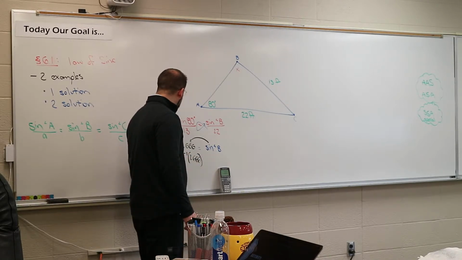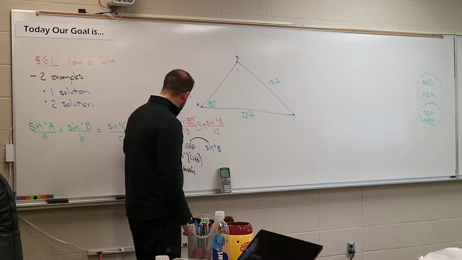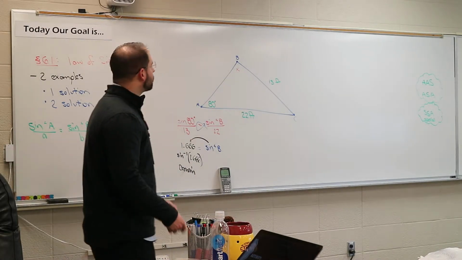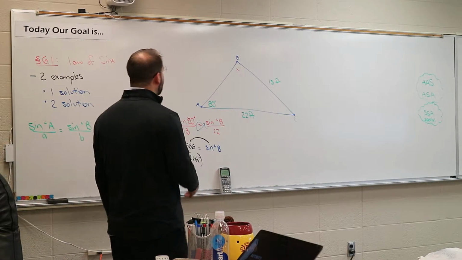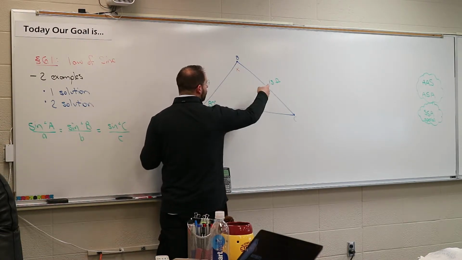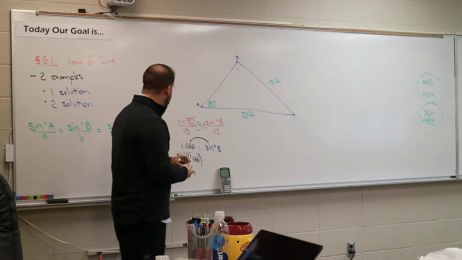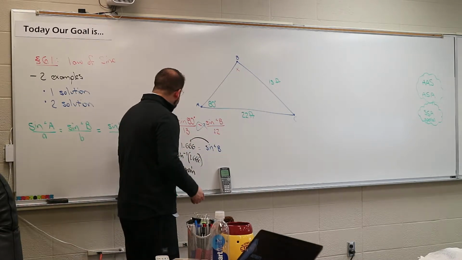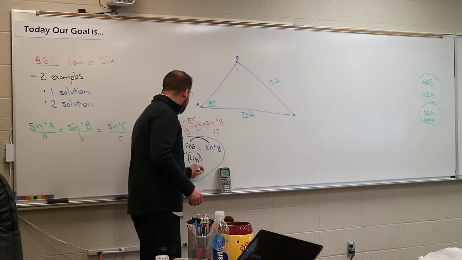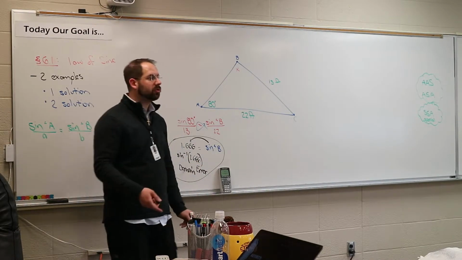The reason why it says domain error is because the numbers I have on the picture don't even make a triangle. There's no way you can have a triangle with 80 degrees sitting here and have a 22 and a 13 and all the walls connect. The beauty of doing the math I'm showing you is that I can actually prove you get errors and that it's not an actual triangle.